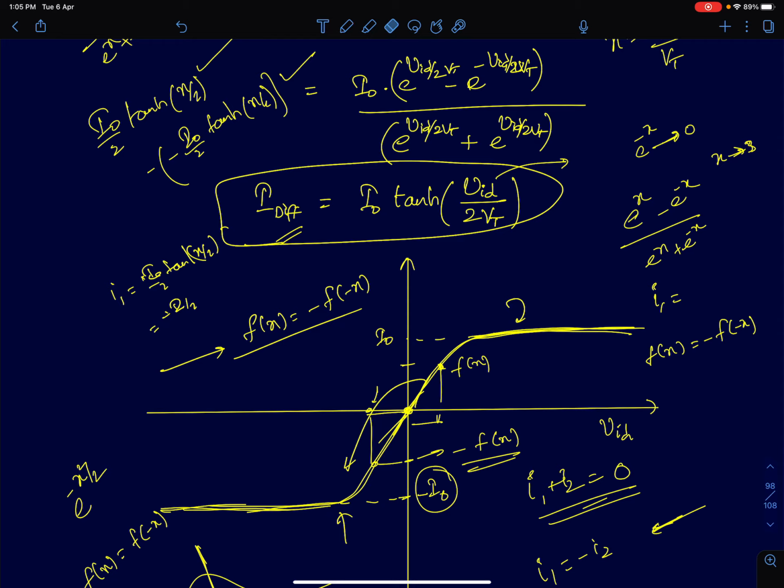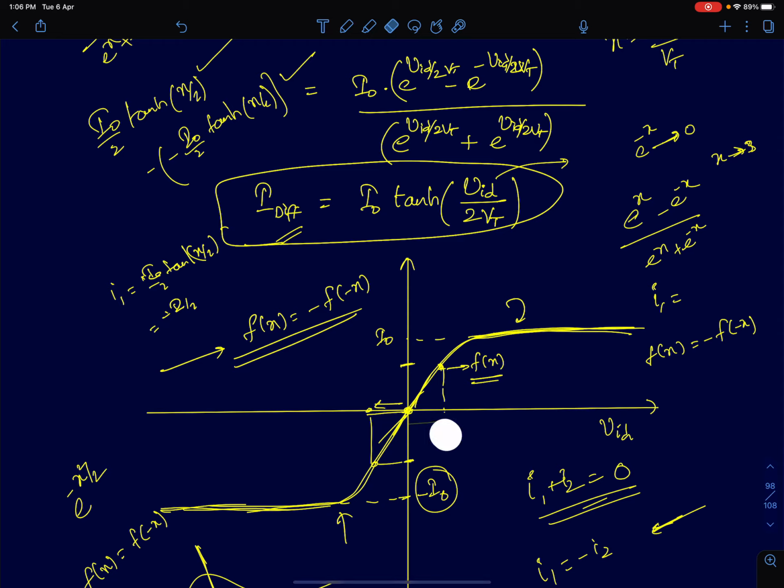So again, an odd function is something that obeys this condition, which is f of x equals minus f of minus x. So if I move x units from the origin on the x-axis and you get a value of f of x here, if you move minus x from here, you should get minus f of x. It should just give a negative value of f of x.